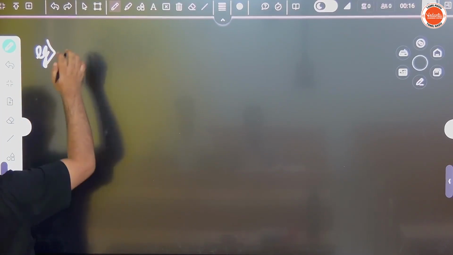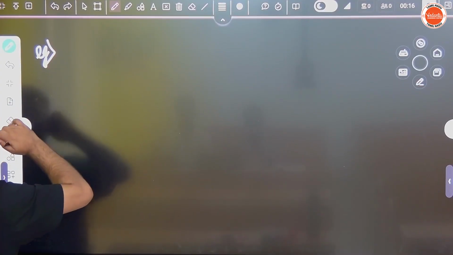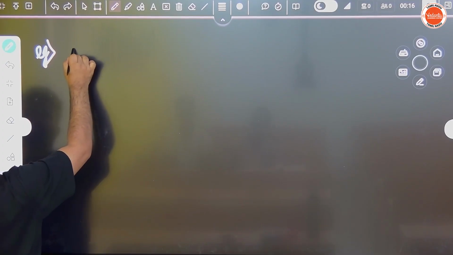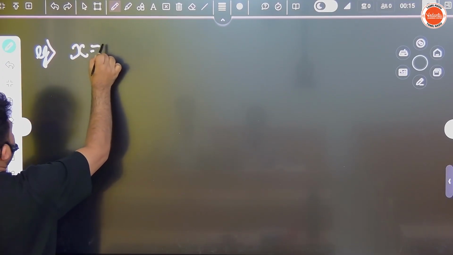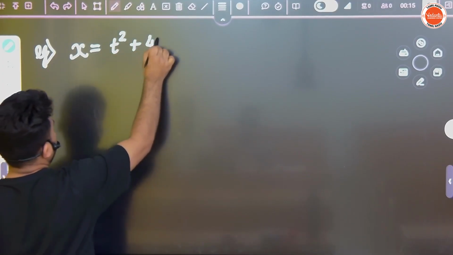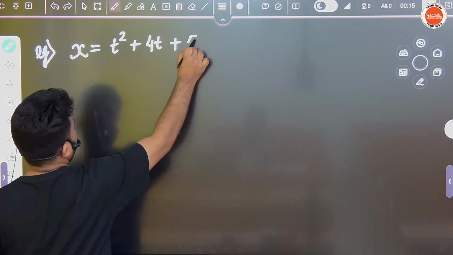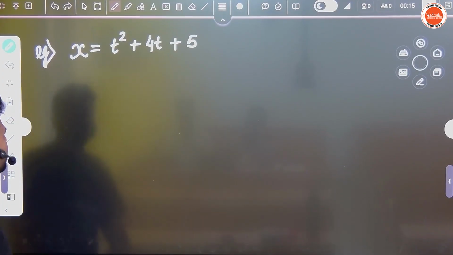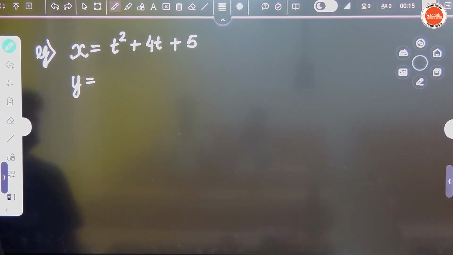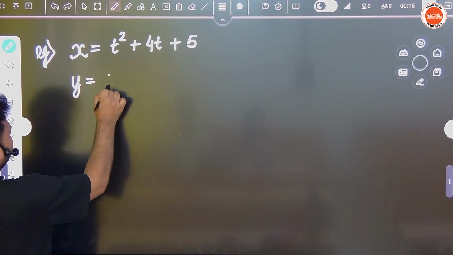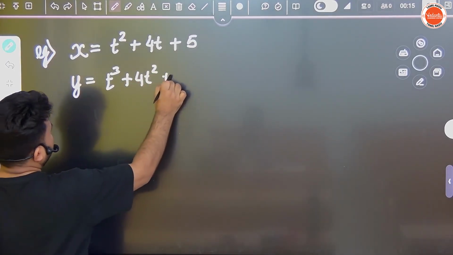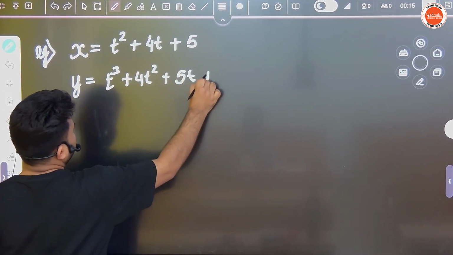Like they give that the position of the object in x is t square plus 4t plus 5, and the y coordinate is t cube plus 4t square plus 5t plus 8.